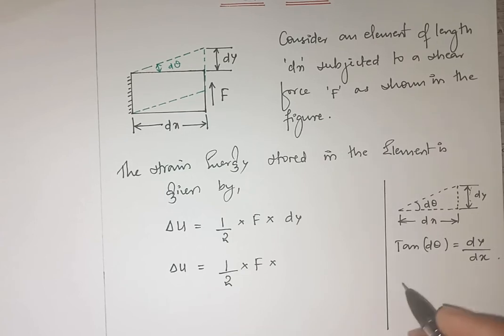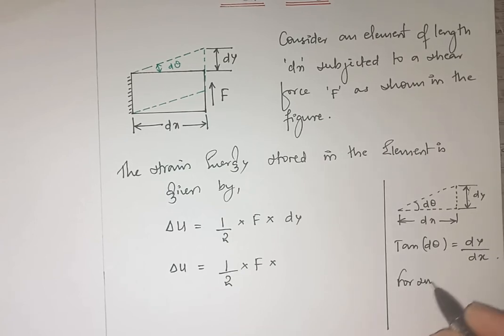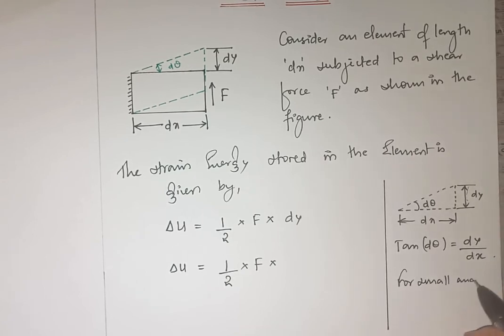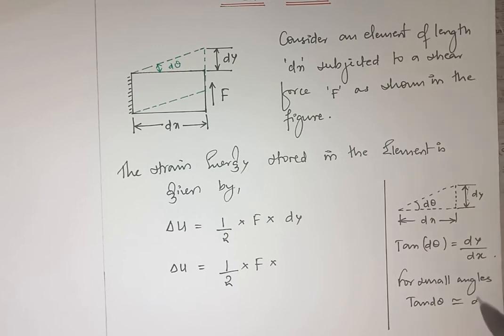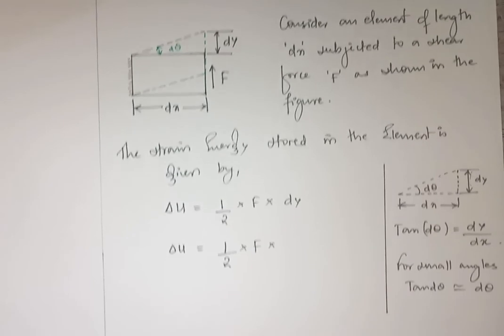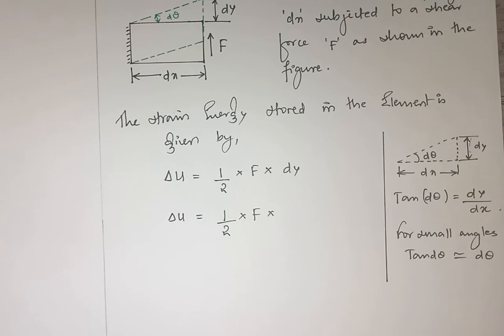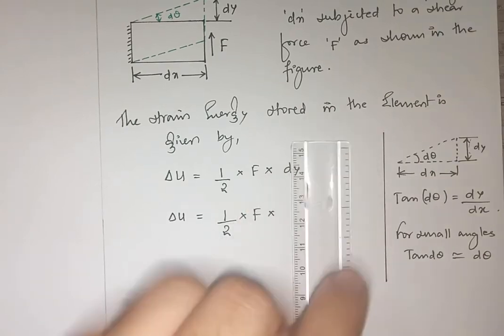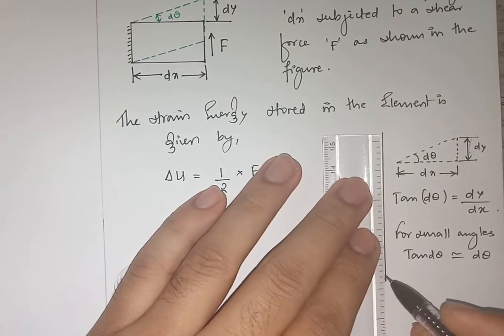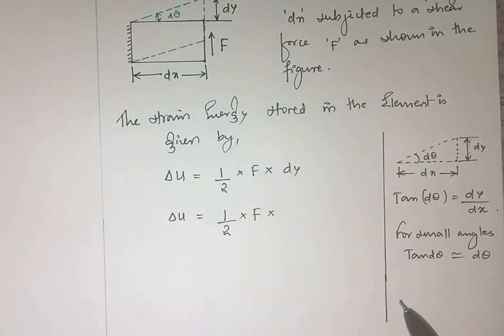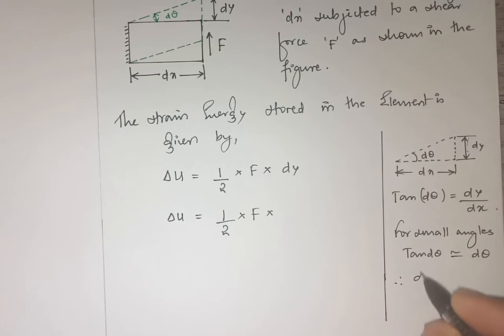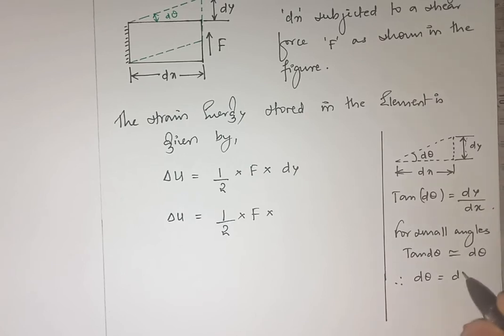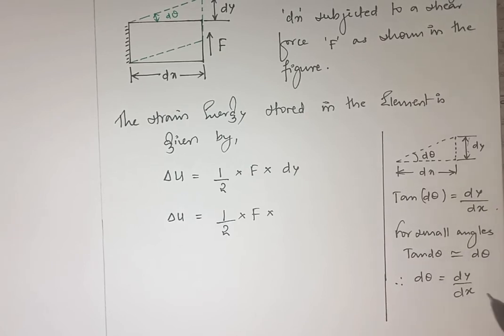Right, now we know that for small angles tan of d theta is nearly equal to d theta. So I'll slightly extend this line. Now what is next thing? So therefore d theta is equal to dy by dx.